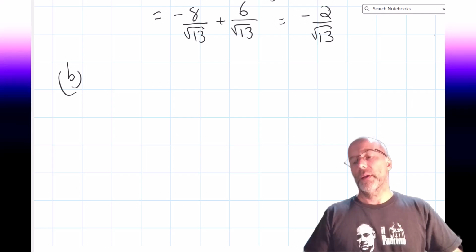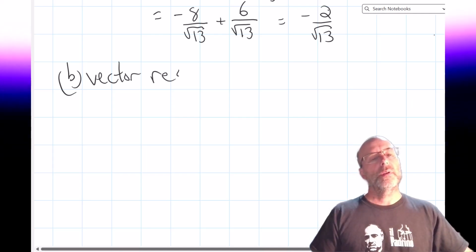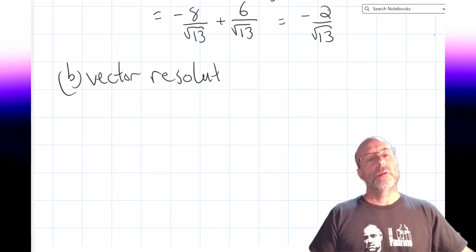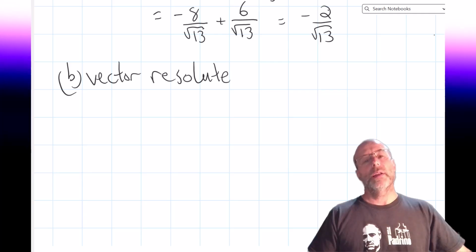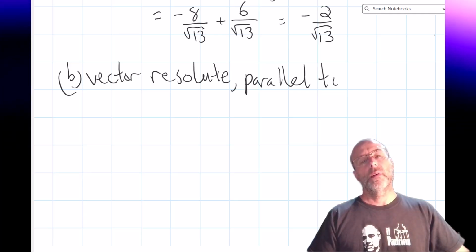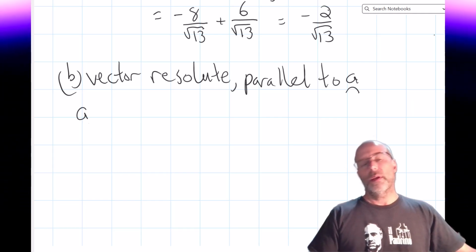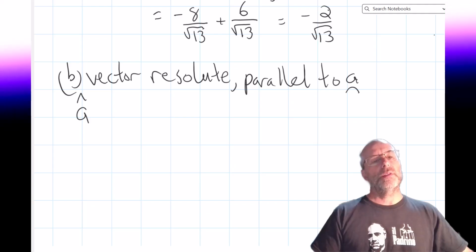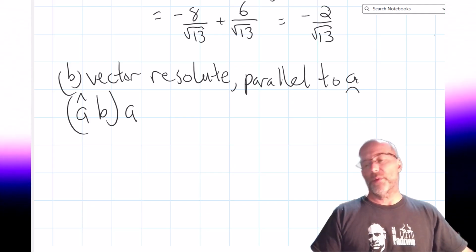Second thing we've got to find is the vector resolute parallel to vector A. That's just one step beyond what we just did, so this should be pretty quick.